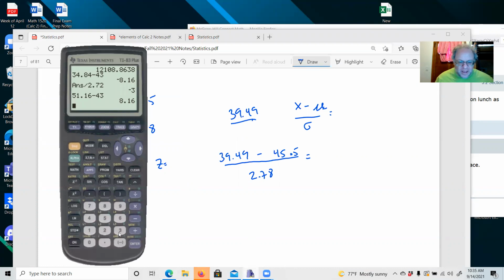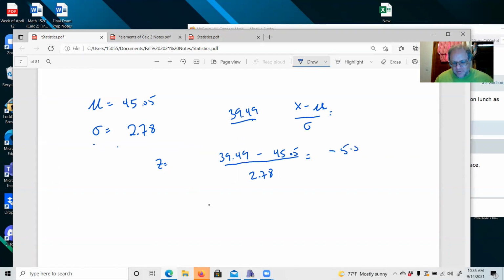So we have 39.49 minus 45.05, and then divided by 2.78. So this is negative 5.56 over 2.78.